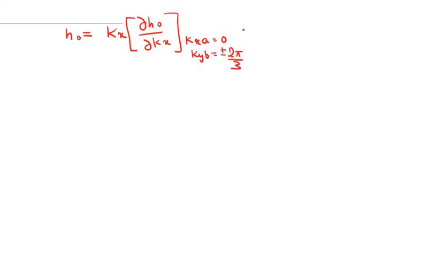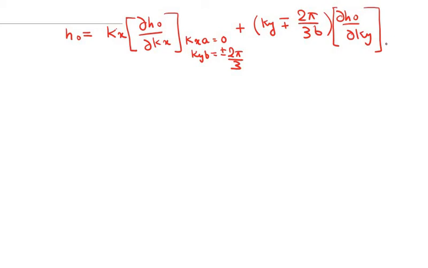Okay, so if we expand the entire form of h0 around this point, we would basically get del h0 del kx times kx, plus ky minus plus 2 pi by 3b times del h0 del ky, at kxa equal to 0, kyb equal to plus minus 2 pi by 3.